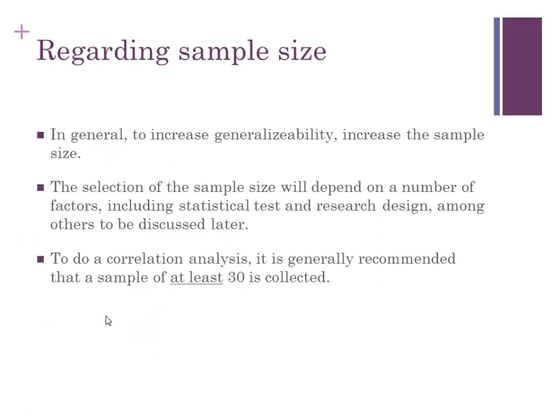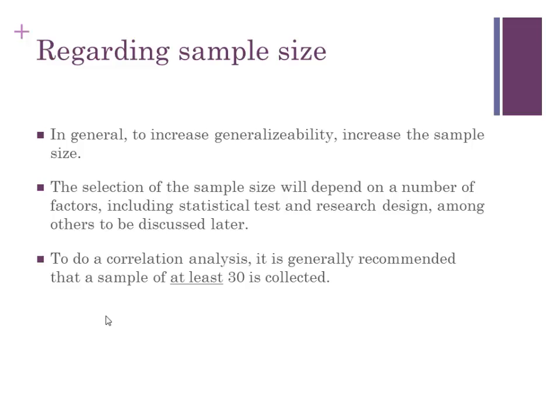So regarding sample size, the selection of the sample size will depend on a number of factors. We said we want it to be as large as possible. But other issues include the statistical tests that we want to run and the research design, among other issues that we'll discuss later. But just to look at a couple of examples where the statistical test that we want to use comes into play.